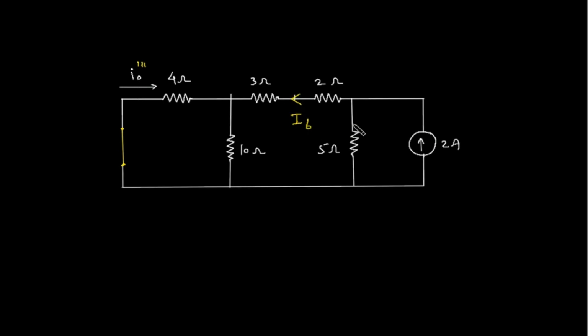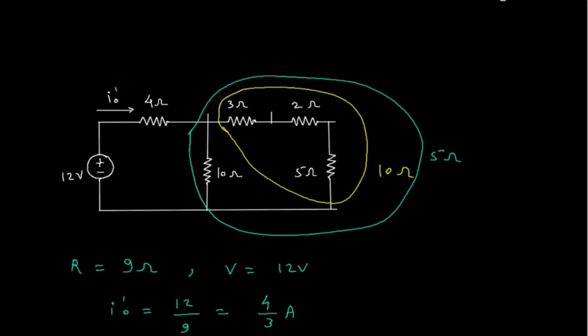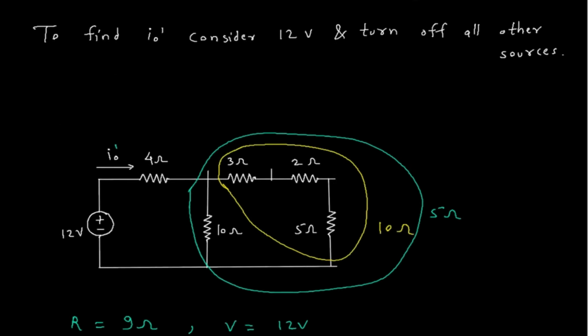So IB is equal to this current, which is 2 ampere, into opposite branch resistance, which is 5 ohm, by total resistance, which is 5 plus 2 plus 3 plus 4 ohm parallel with 10 ohm.